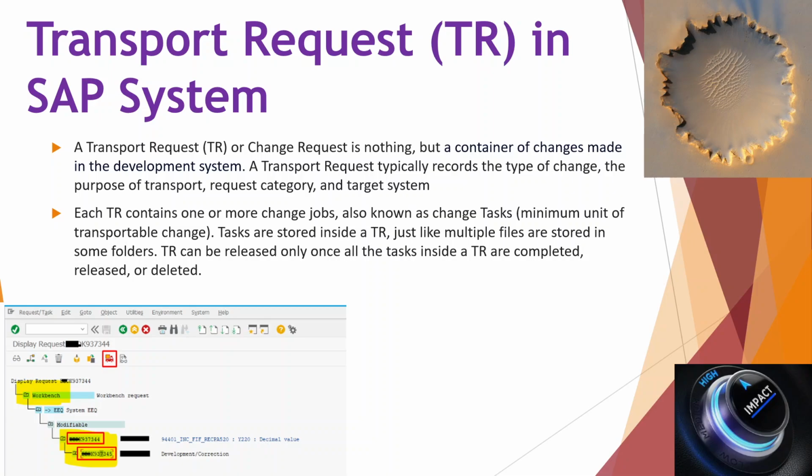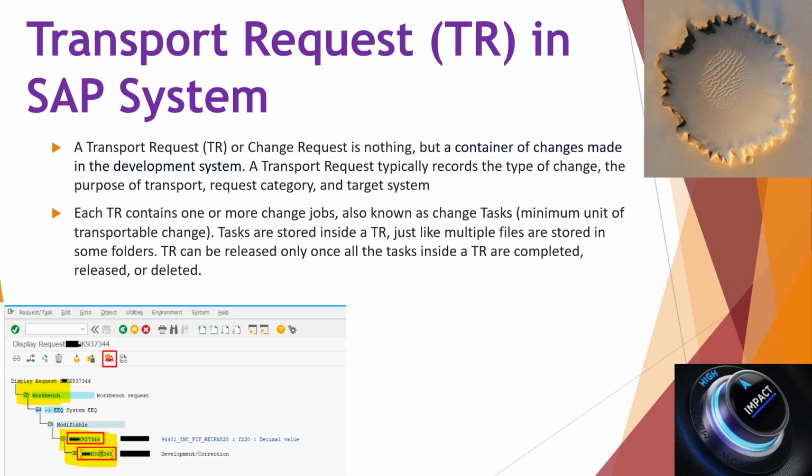So each TR contains one or more change jobs, also known as change tasks, which are the minimum unit of transportable change. Tasks are stored inside a TR just like multiple files are stored in some folder. A TR can be released only once.